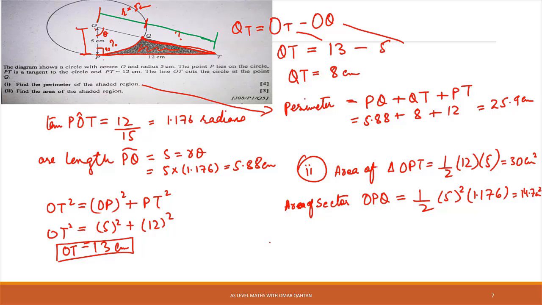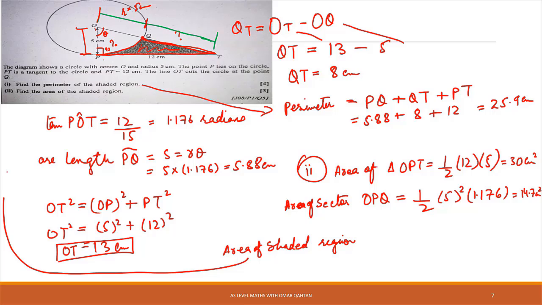Now we just need to subtract, for the area of shaded region, which is the answer to the second part. So area of shaded region will be 30 minus 14.7, which is 15.3.